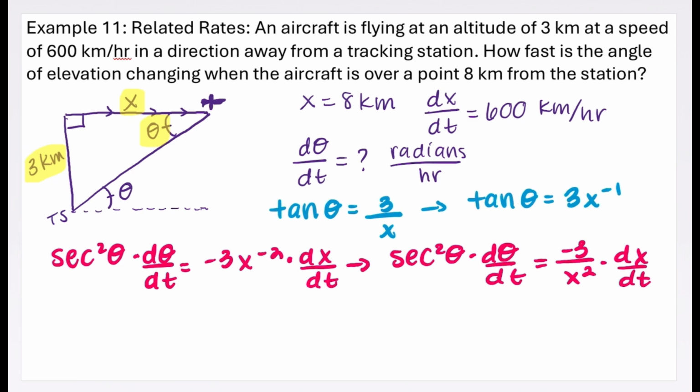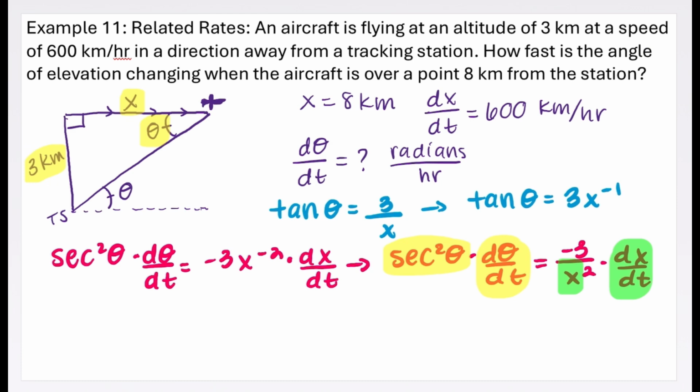Now, I am solving for this, so I don't know what it is, but that's okay. I do know what x is, and I do know what dx/dt is, so I can plug those in. But I have this secant squared theta that I don't know what it is. So I'm going to use the triangle and figure out what secant squared theta would be.